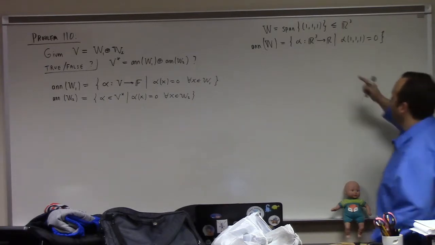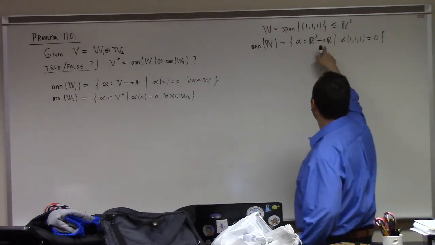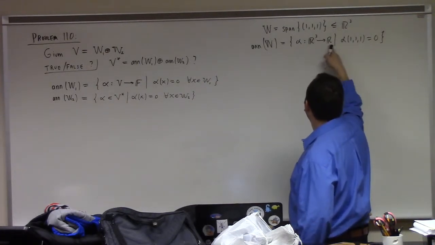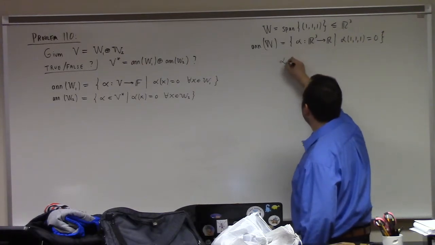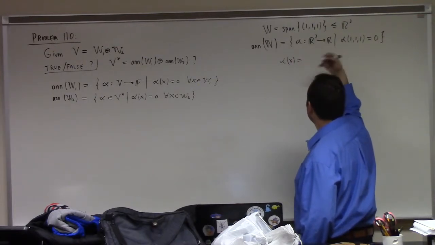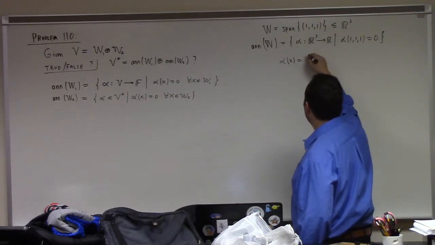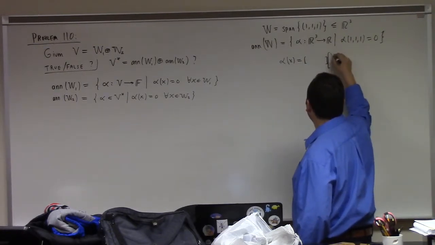So this one, I mean, this is a linear transformation. I'm saying it's linear, so this is basically the only condition. I mean, so what kind of matrix do you want? Alpha, you can write, in this case, alpha of x is equal to some matrix times x1, x2, x3, right?